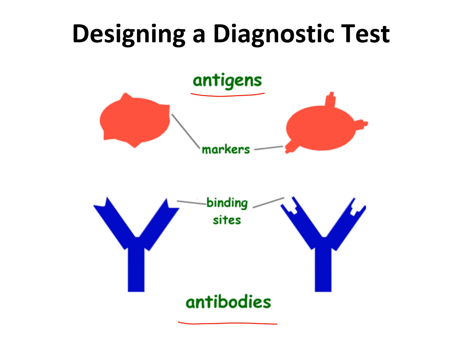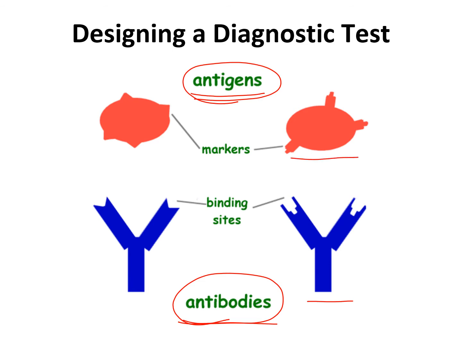If you want to identify presence of the antigen, then the test must include the antibody, which will be used to identify the antigen. If instead you want to identify the presence of the antibody, for instance, you want to determine if a person is immune to a particular disease, then you need to have the antigen in the test.